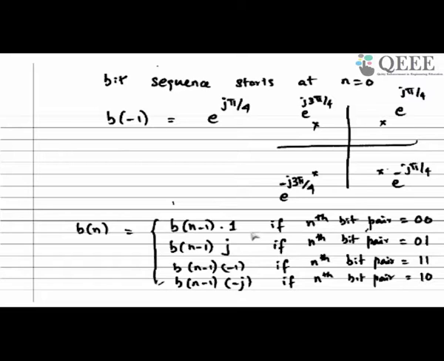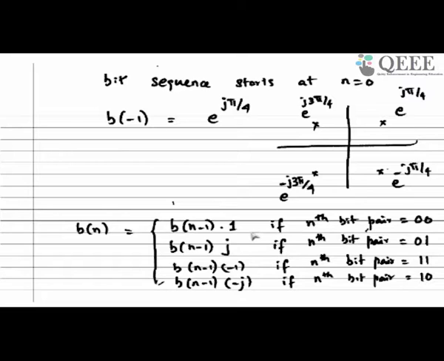So now the information is conveyed through the difference between the phases of the current symbol and the previous symbol. The phase difference between b of n and b of n minus 1 is what conveys the information. b of n and b of n minus 1 will have the same phase if the bit pair is 0 0.